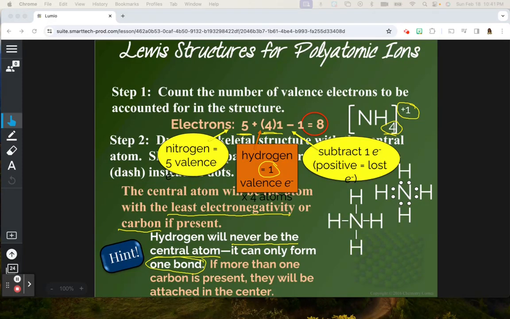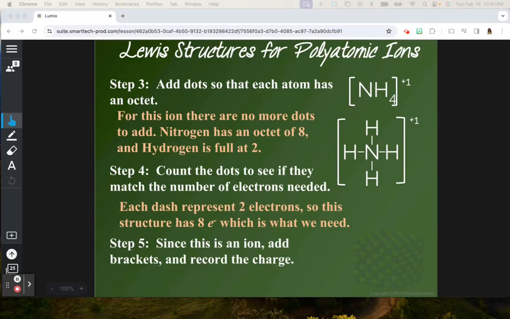And if more than 1 carbon is present, they will both be attached to each other in the center. So here is a detailed diagram of it.